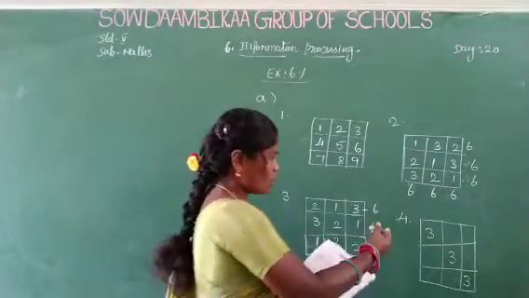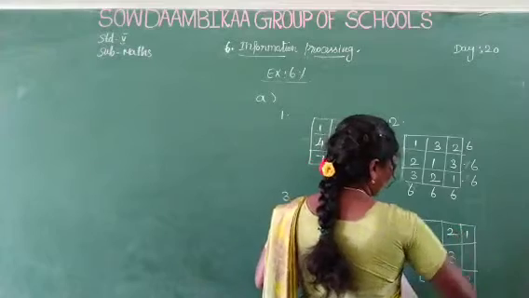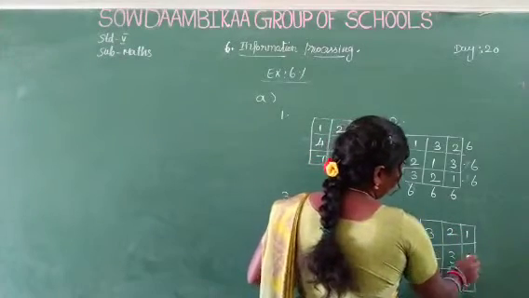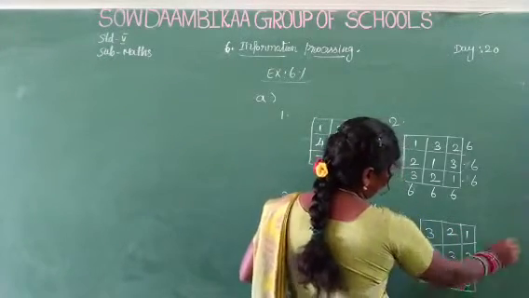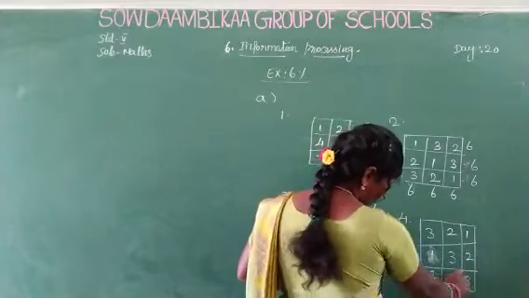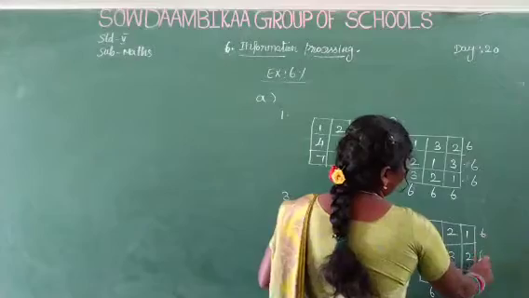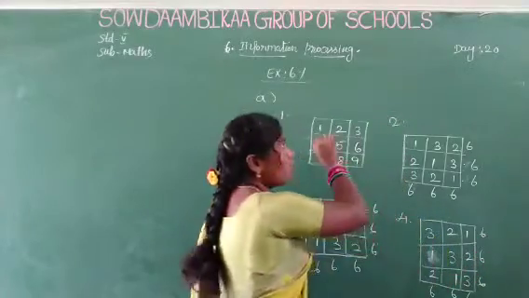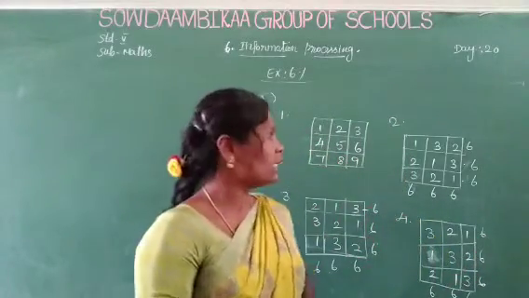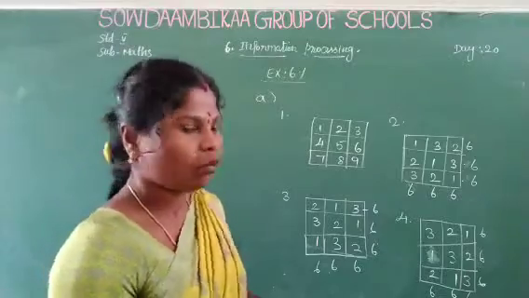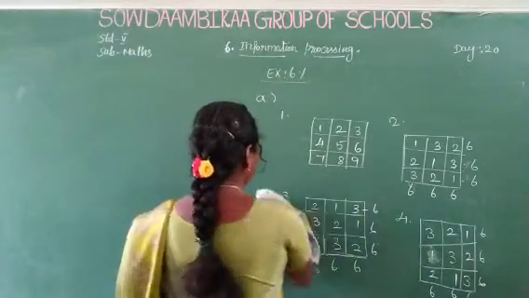Okay, the next, fourth sum. 3, 2, 1 and 1, 2, 3 and 2, 1, 3, the same answer. The first one only, fill the numbers. The second, third, fourth are one small game. Okay. The next, B1.